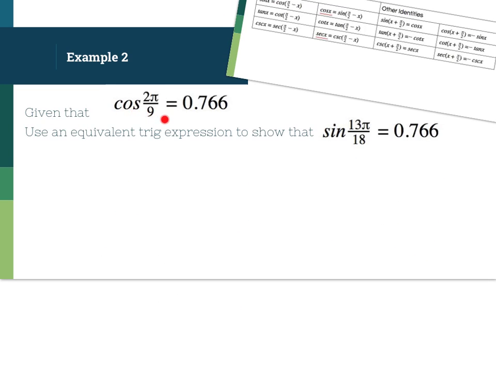Given cosine of 2 pi by 9 equals 0.766, I want to prove that sine of 13 pi by 18 equals 0.766. Because 13 pi by 18 is actually bigger than pi by 2, I'm going to be looking at the other identities where we're adding the pi by 2. So I need to write 13 pi by 18 as x plus pi by 2.